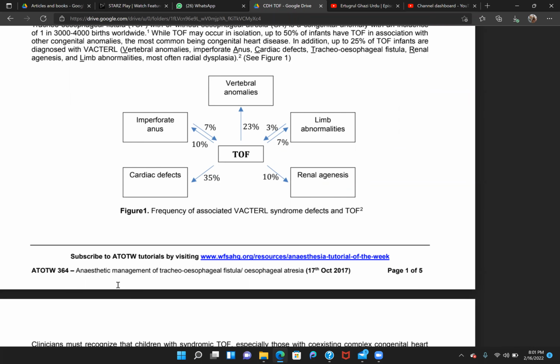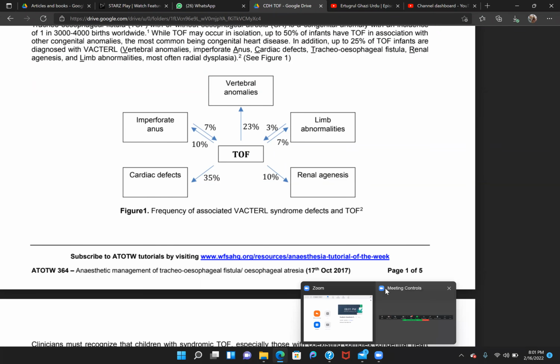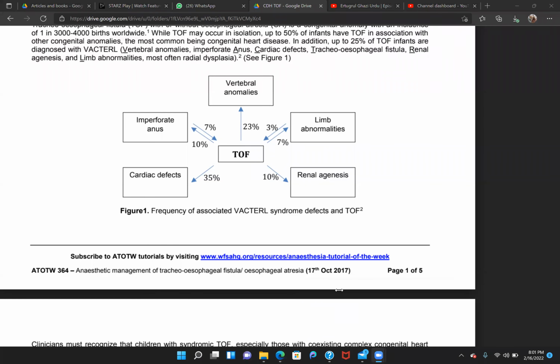C for congenital cardiac diseases, and sir T is for tracheoesophageal fistula, R is for renal agenesis, and L is for limb anomalies. I think so, if I'm not wrong.